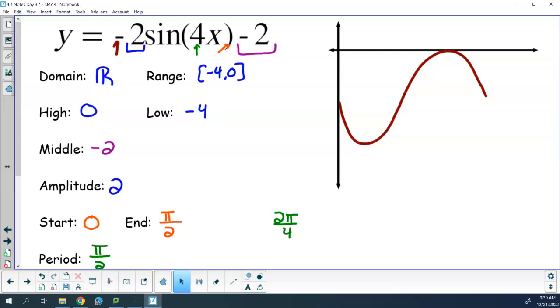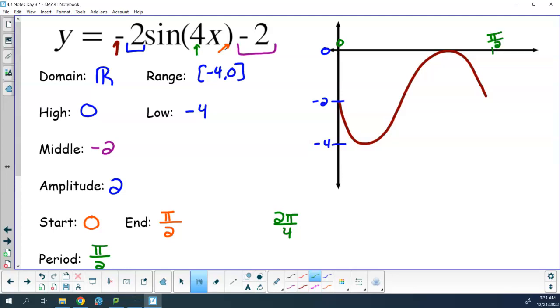Now we add in our labels. We went all the way down to -4. Our middle was -2, and our high was 0. We started horizontally at 0. We ended horizontally at pi over 2.